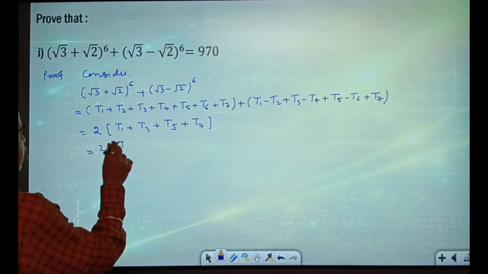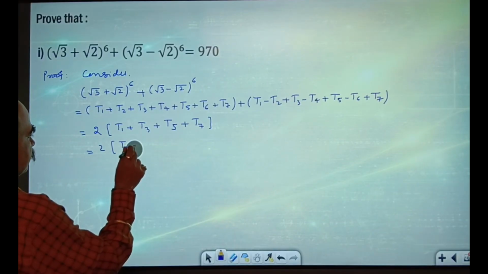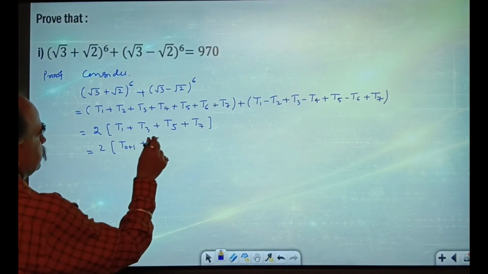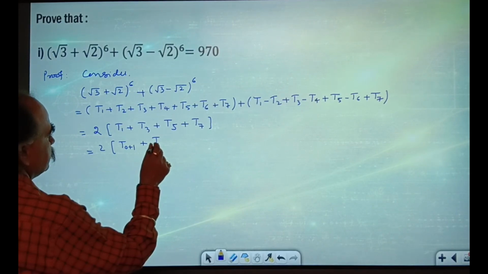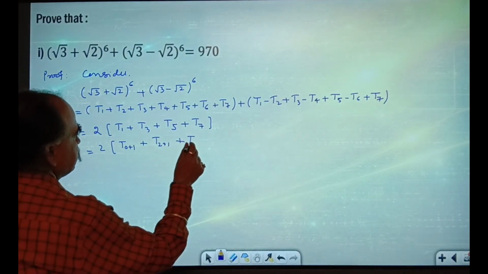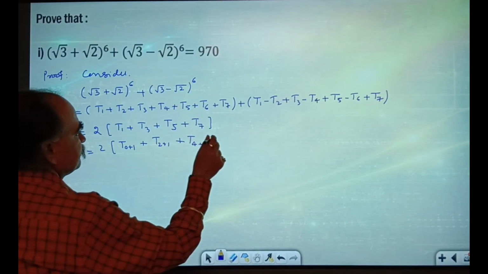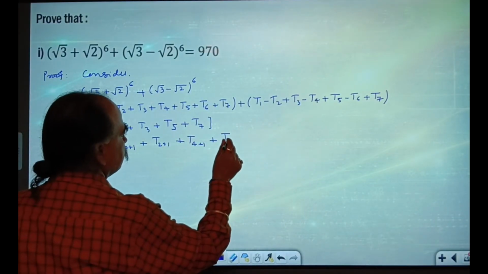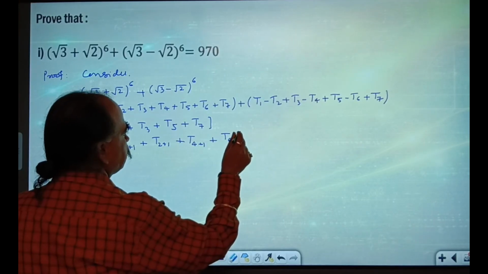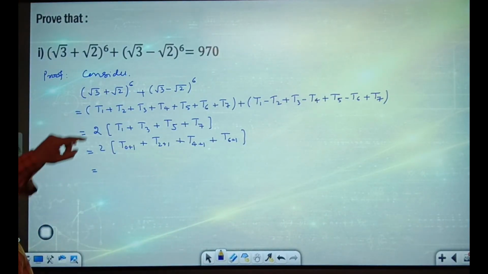T1, T(R plus 1) form. T3 can be written as T2 plus 1. T5 can be written as T4 plus 1. And T7 can be written as T6 plus 1.